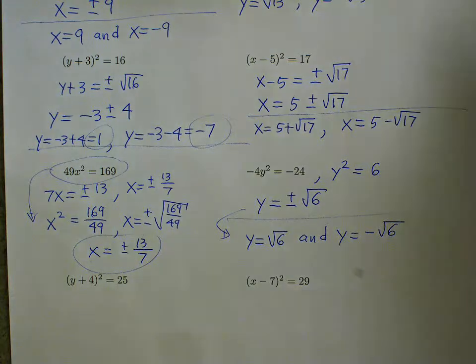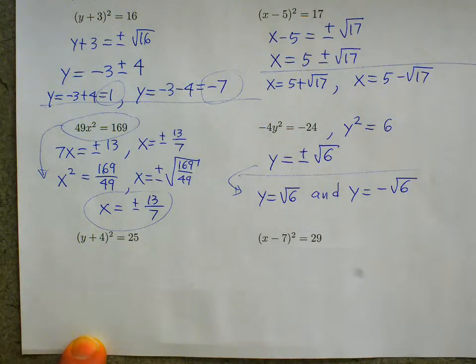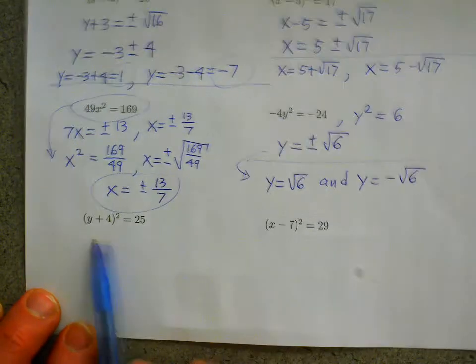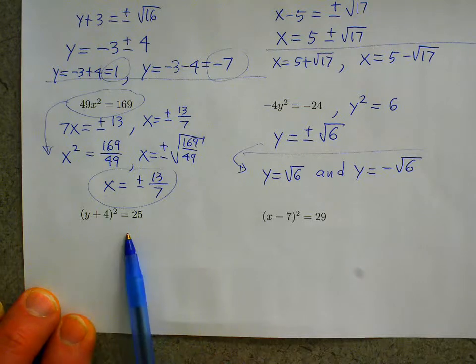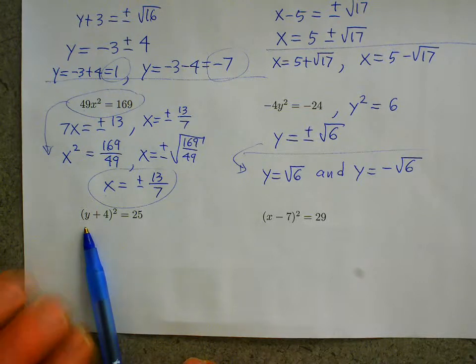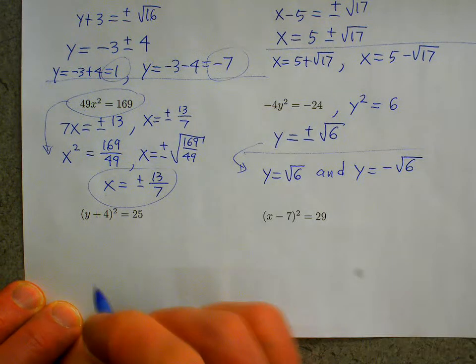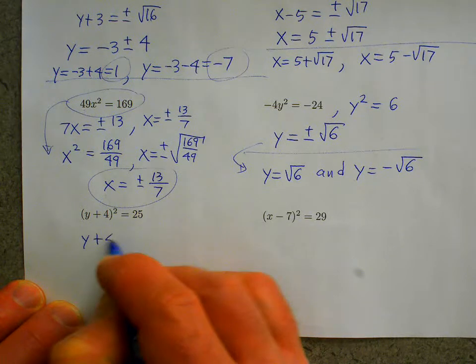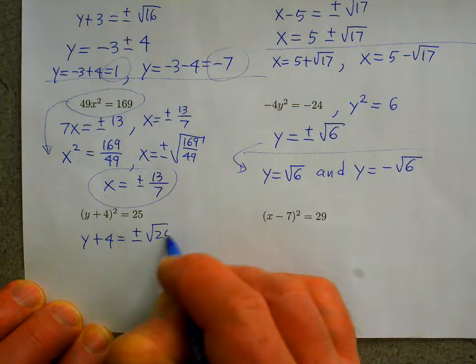Okay, the next two examples are similar to ones we've already seen. So it's just more practice. The binomial y plus 4 squared equals 25. To solve for y, we can apply the square root property. And we can write y plus 4 equals positive and negative square root of 25.